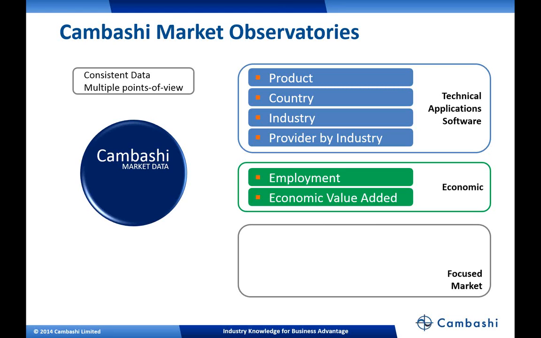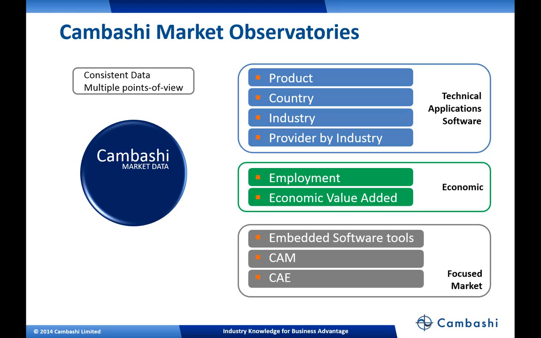The employment and value-added observatories provide additional detail in the industry segments we focus on, which are all the segments that invest in technical application software. And for some markets, we drill down further or take a specific view. This includes tools for embedded software development, for computer-aided manufacturing, CAM, and the digital simulation tools used for computer-aided engineering.